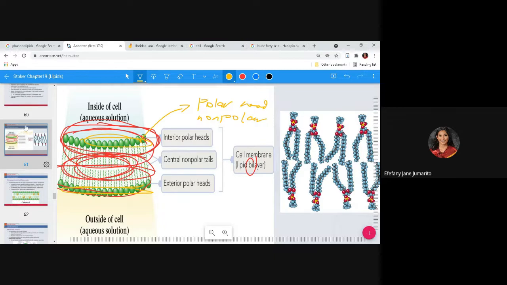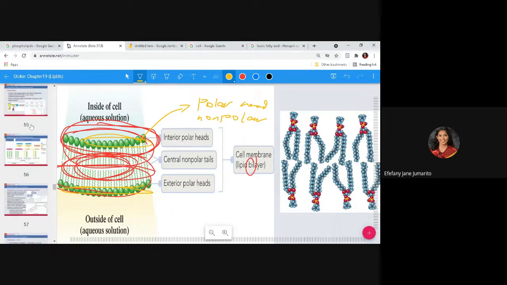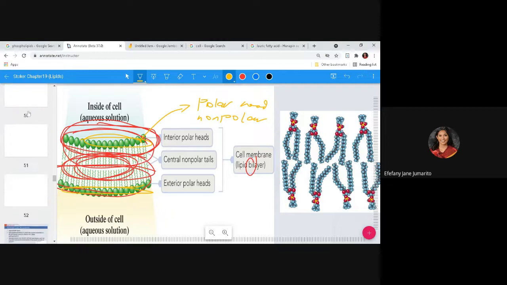The difference between your micelle and your phospholipids is the polar head. What makes up the polar head of your micelle?